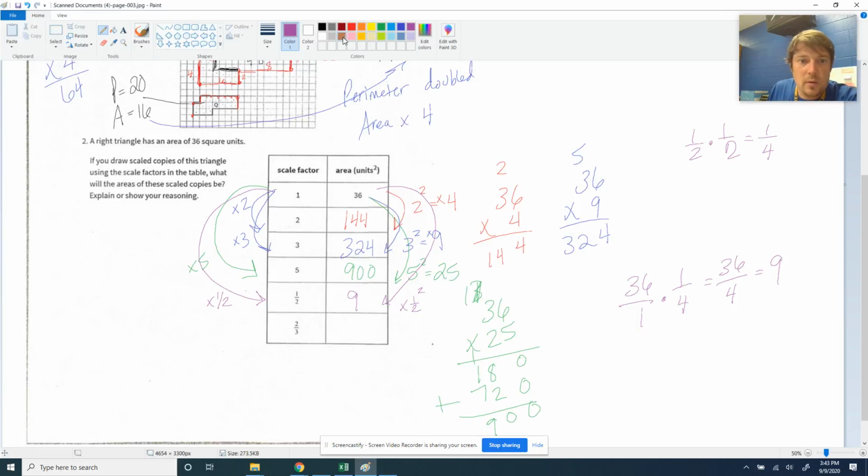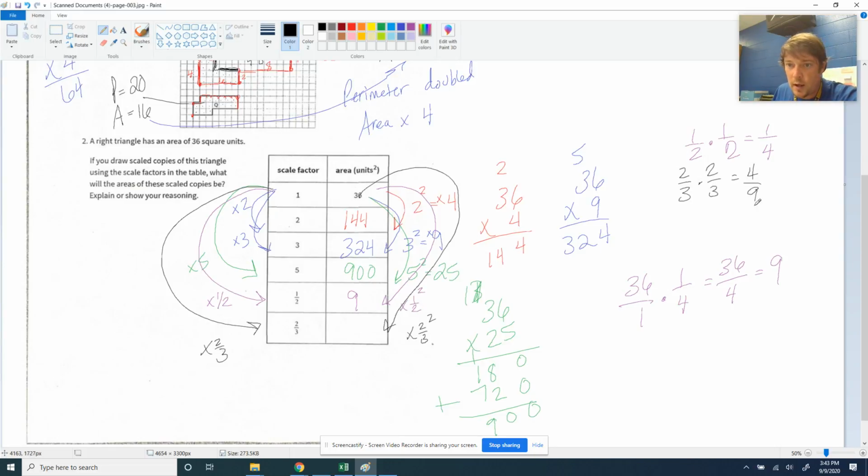Okay, and then the very last one. Okay, we're almost there. All right, the scale factor is going from 1 to 2/3. So that's multiplying by 2/3 times 1 to get there. So to get from 36, we have to multiply by 2/3 squared. Okay, 2/3 squared is actually 4/9.